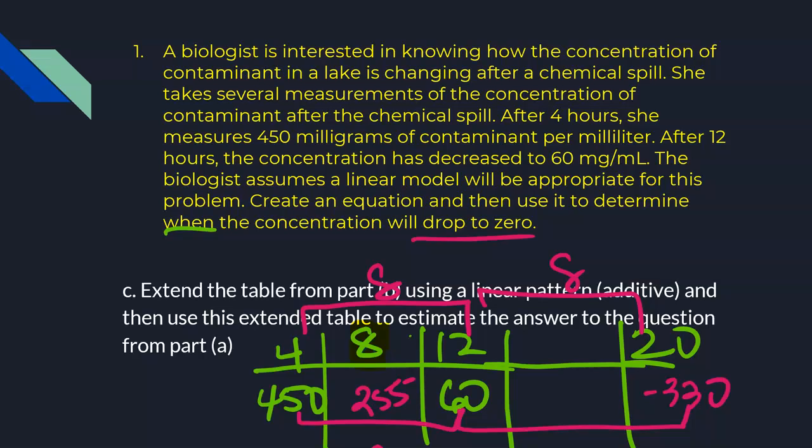And now you will see that there is a decrease of 195 here. If I subtract 195 here, 60 minus 195 is negative 135. That is every 4, so this is at 16. But still we want 0. So again, it will be between 12 and 16. So meaning we can approximate that it is like 13 or 14.